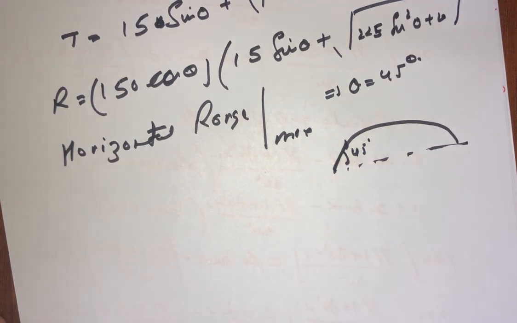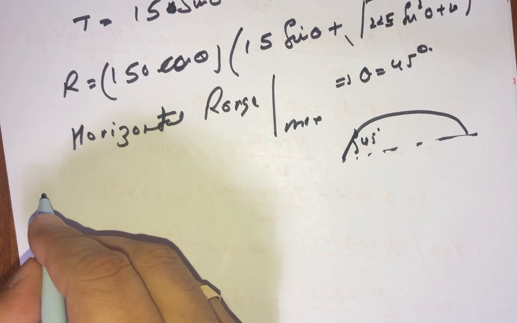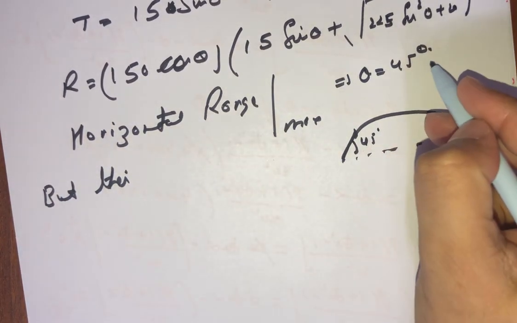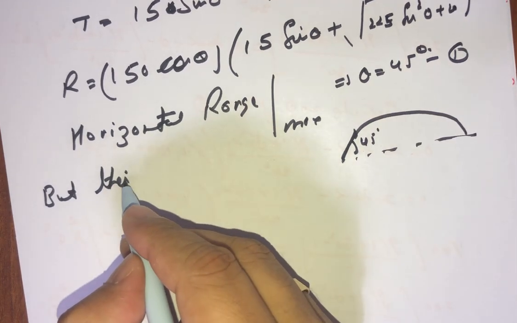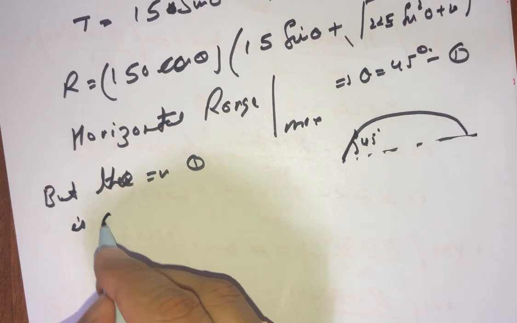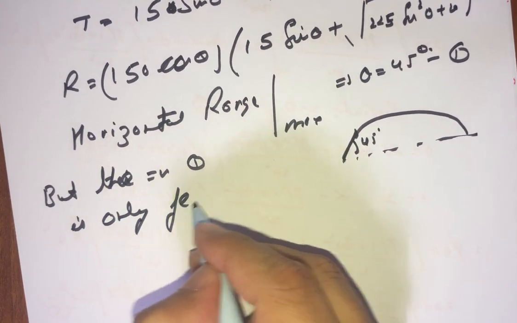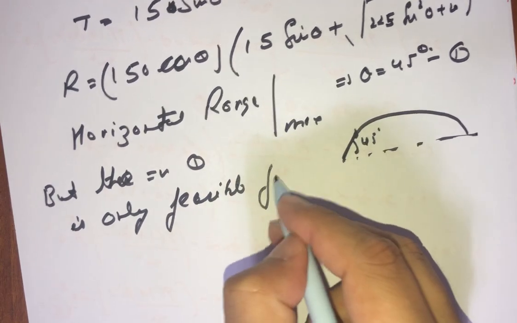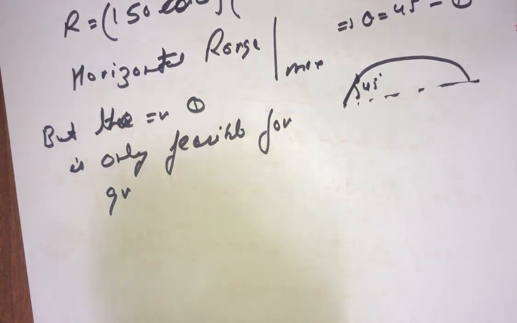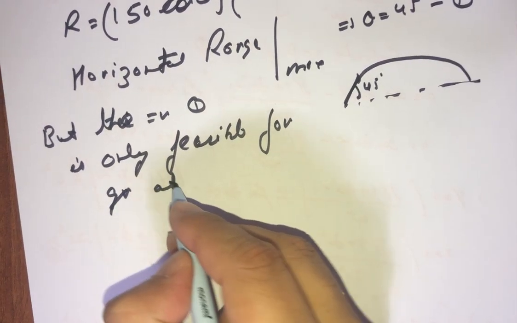But in this question, it is being projected from a certain height, which is given as 100 meters. So equation 1 is only feasible for ground to ground, or at the same level.